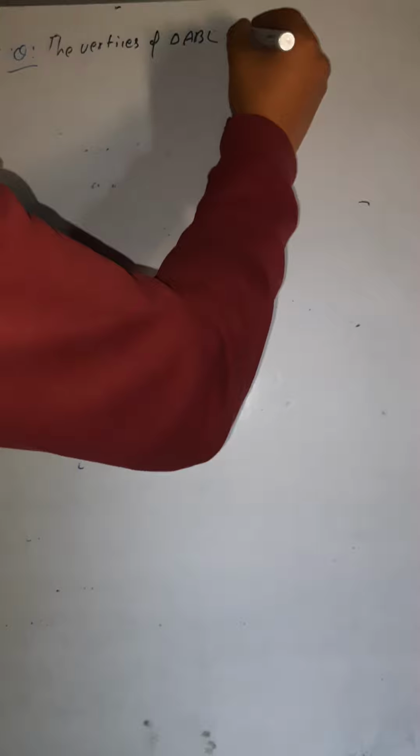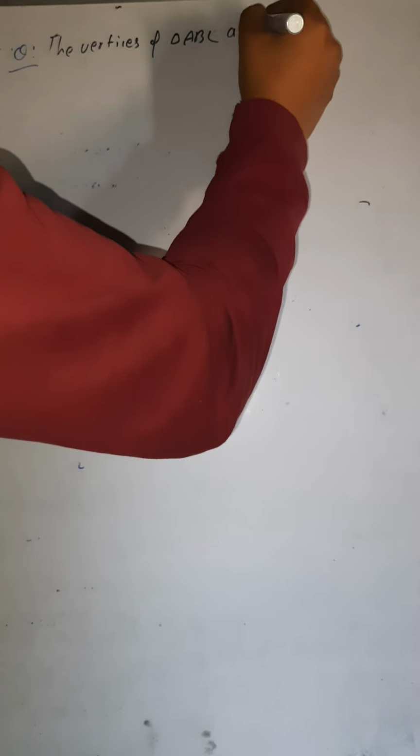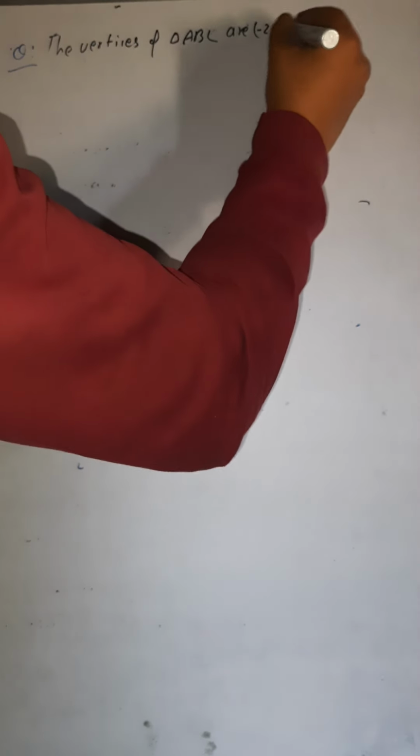The vertices of triangle ABC are -2, 1, 5, 4, and the third one is 2, -3. These are the vertices of a triangle ABC. Find area and length of the altitude through A.